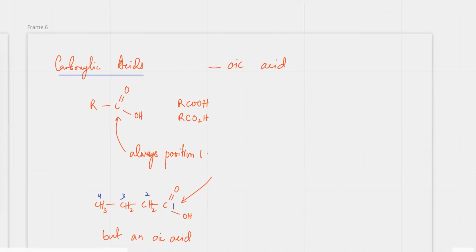So let's do another one. Let's do butanoic acid, double bond O, OH, except now you've got a double bond over here. So that's 2 H's with this. There's going to be 1 H with this, 2 H's with this one. So the only difference now is it's again but-. It should have been -an, -oic acid, except it's no longer saturated.